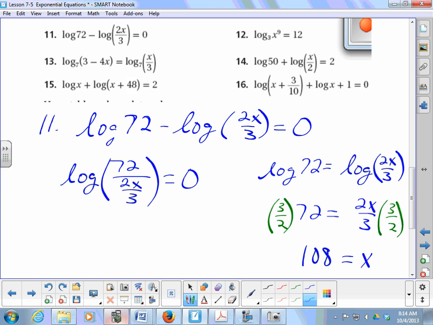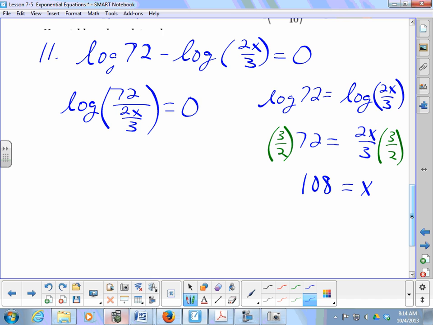Now, we can do that, or we can do this. This is now in logarithmic form, right? Can I change this to exponential form? That was one of the first things we did with logarithms, right? We went from exponential form to logarithmic, or logarithmic to exponential. So what's the base for this logarithm? 10.